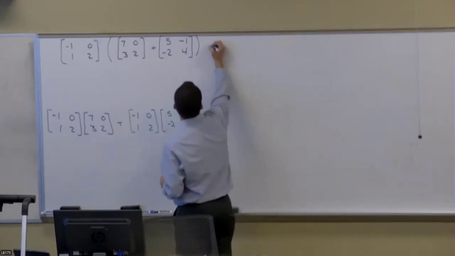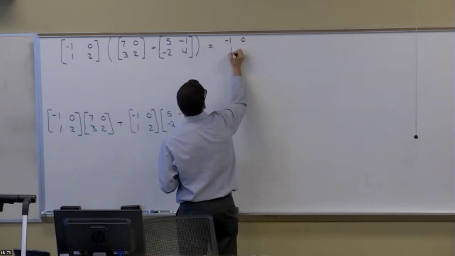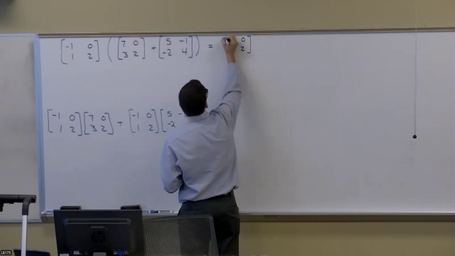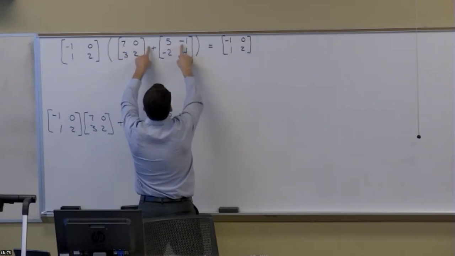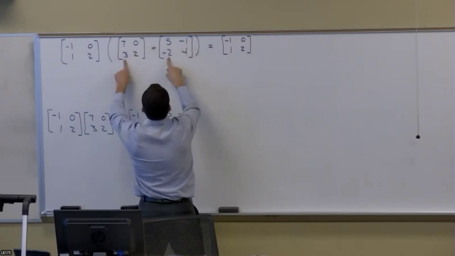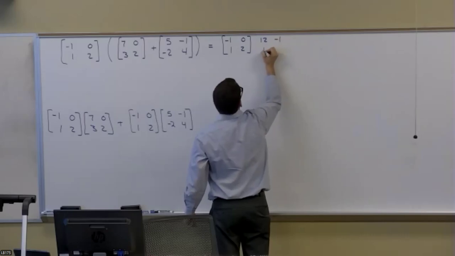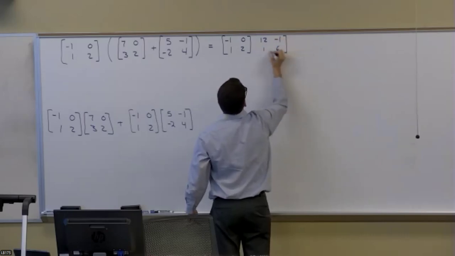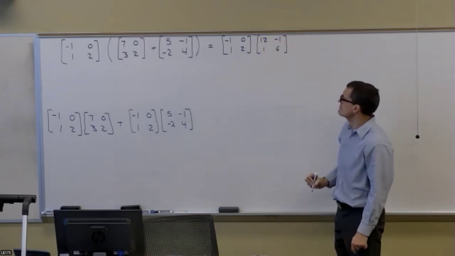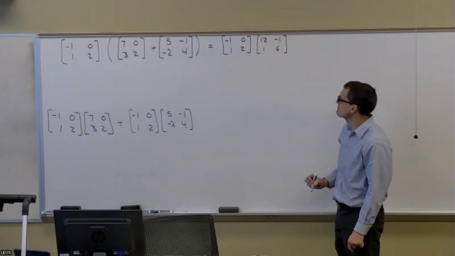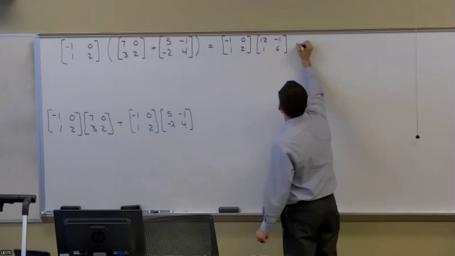So let's do this. We're going to sum up in the first case, before I multiply. When I add these two, I get 12, negative 1, 1, 6. And then I can multiply.